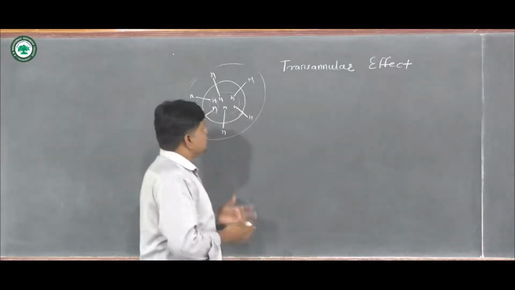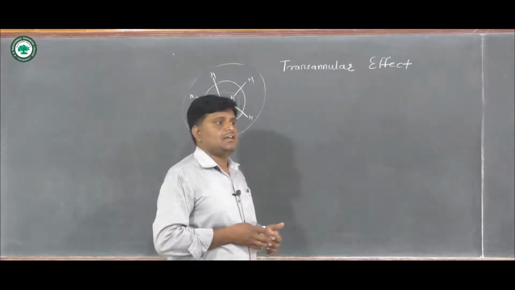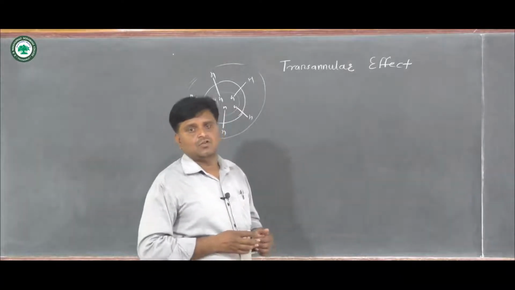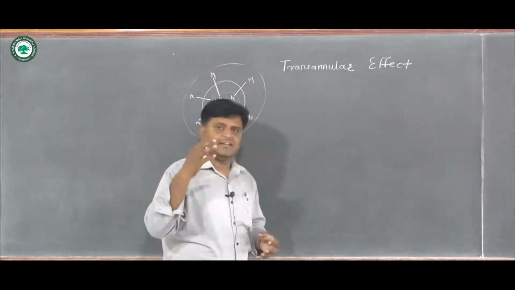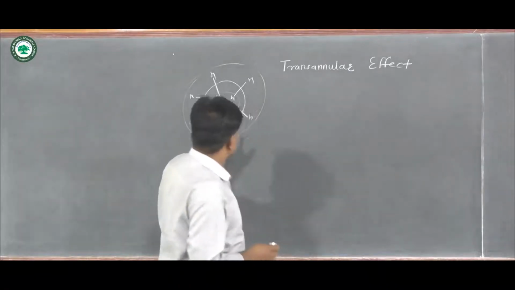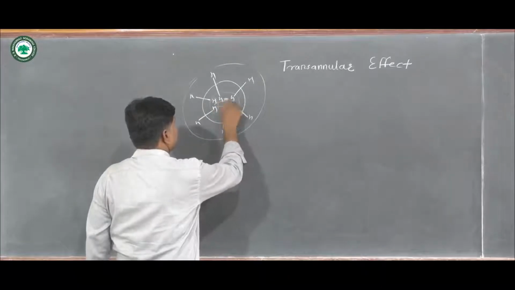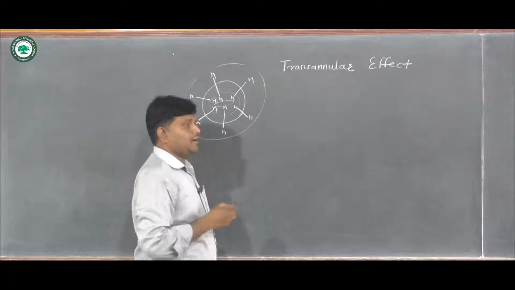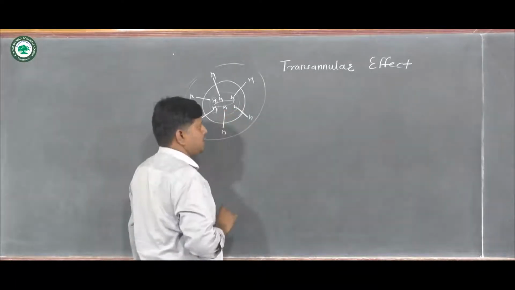The strain that occurs in the medium size ring system is transannular strain, and that strain is totally concerned with the protons which are present in the inner part of the ring. So these are the hydrogens which are pointed inward, which show only transannular strain.